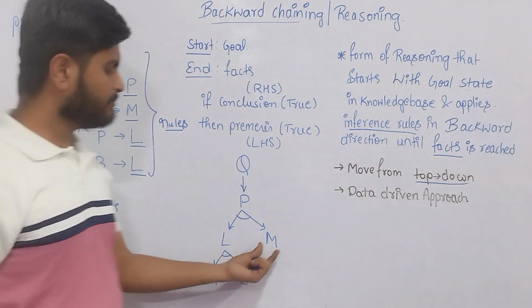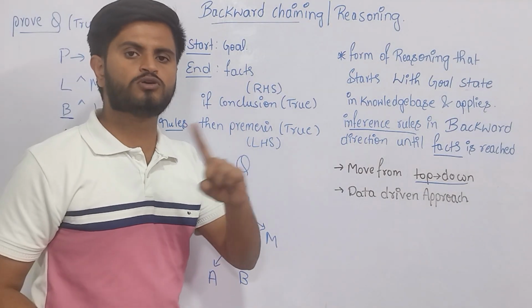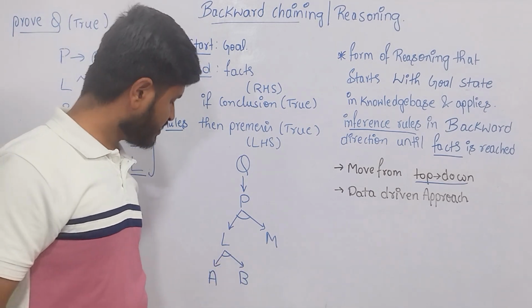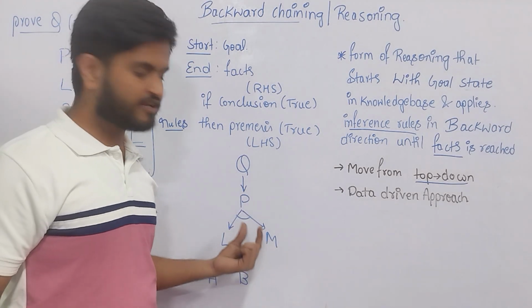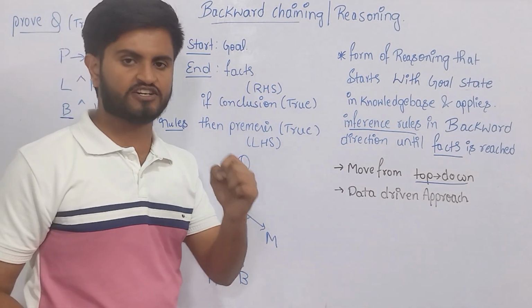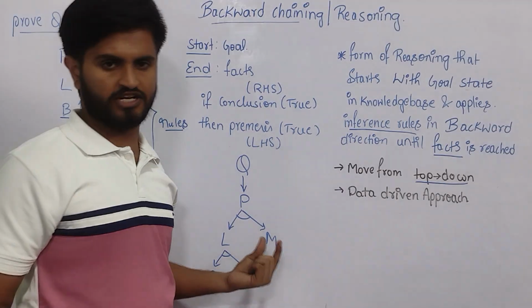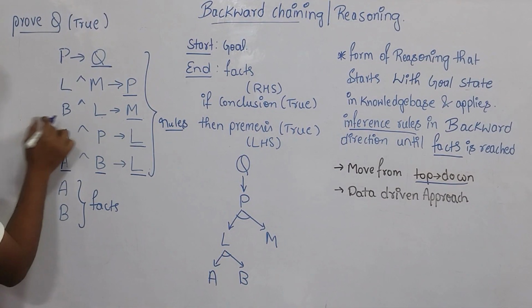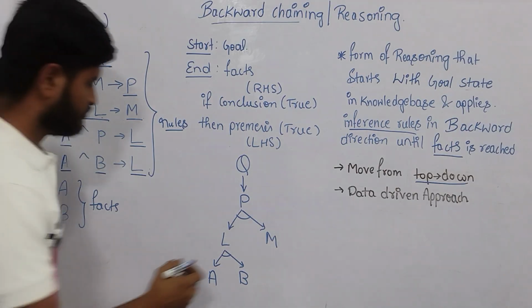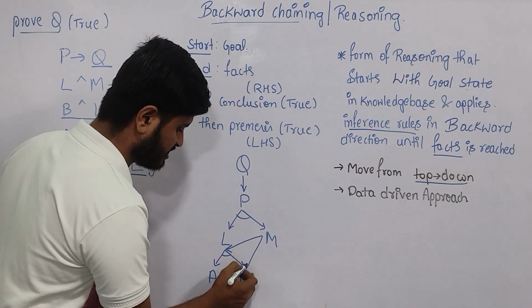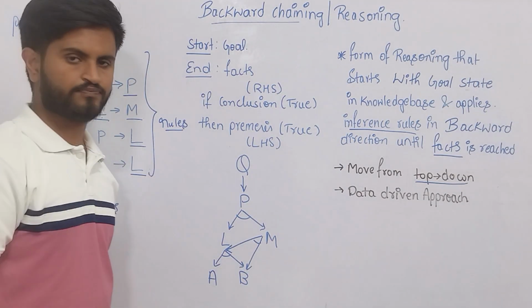Now if you see, M is left as it is, but you should not leave it as it is, because in the leaf nodes, which will not have any child, we should leave the individual statements, or the facts, only. We should not leave this statement. So what I will be doing? M is produced by the combination of B and L. So B is here, L is here.